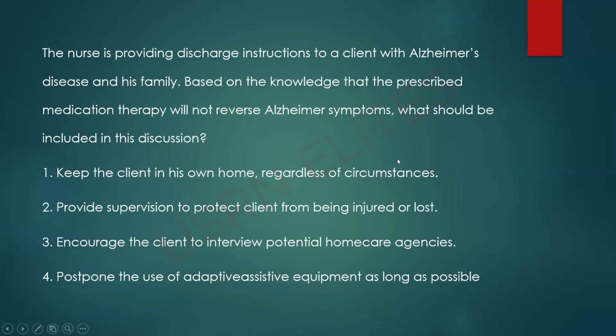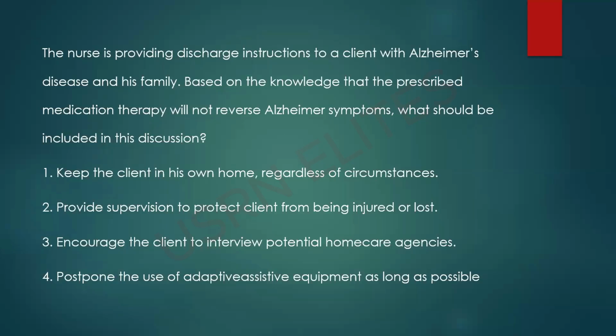Our next question. The nurse is providing discharge instructions to a client with Alzheimer's disease and his family. Based on the knowledge that the prescribed medication therapy will not reverse Alzheimer's symptoms, what should be included in this discussion? 1. Keep the client in his own home, regardless of circumstances. 2.